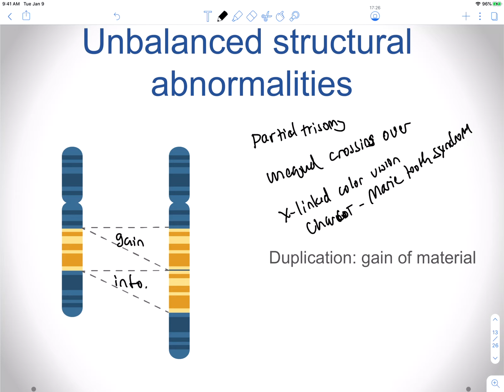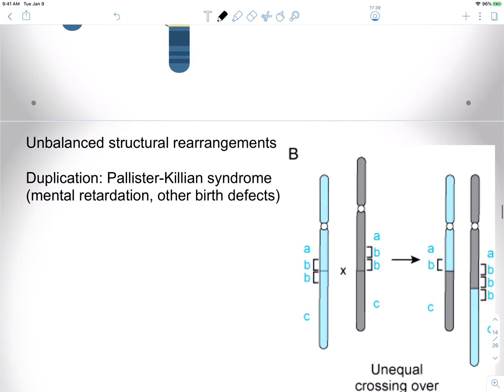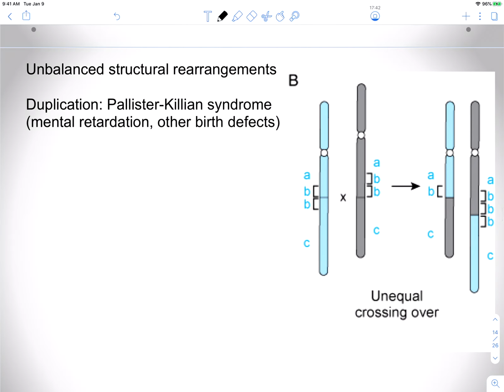For duplication, the unequal crossing over is going to be between either homologous chromosomes or sister chromatids, and they can be duplicated or deleted. And so this picture actually shows it a little bit better. So here we have our homologous chromosomes.